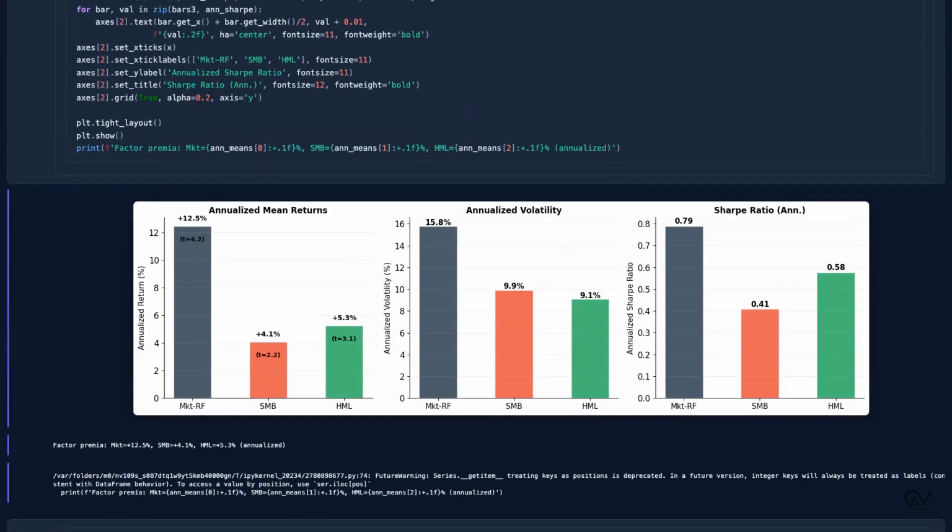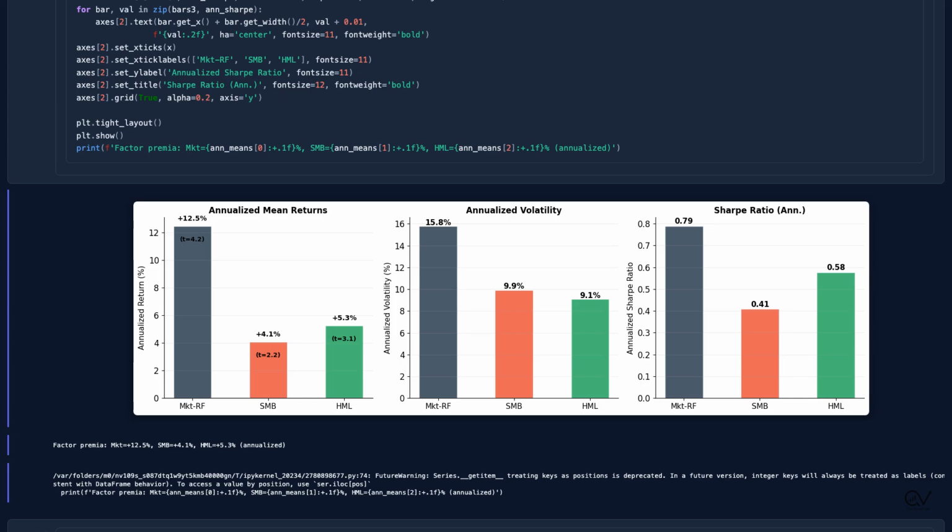We generate synthetic factor returns calibrated to the paper's estimates: 8% a year for the market, 3% for SMB, and 5.2% for HML. What the chart shows is one realized draw from that calibration, so sampling noise moves things around. The market comes in at 12.5% annualized, SMB at 4.1%, and HML at 5.3%.